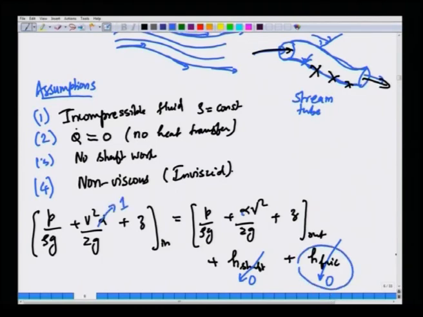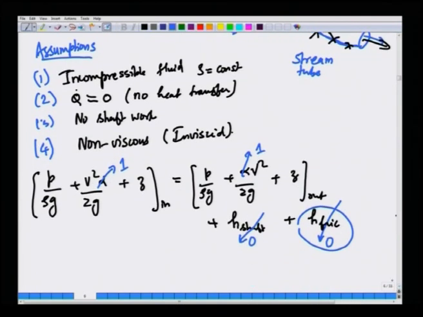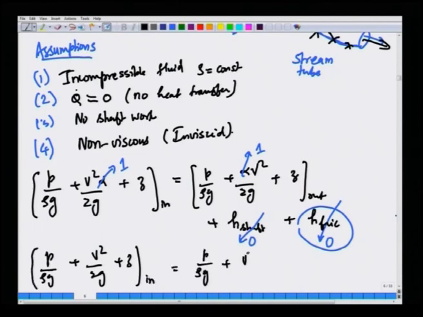So, alpha is set to 1, that is further an assumption. So, if you do all this, you will get a simple equation. Okay. Now, P by rho G plus V squared by 2 G plus Z at inlet is P by rho G plus V squared by 2 G plus Z at outlet.